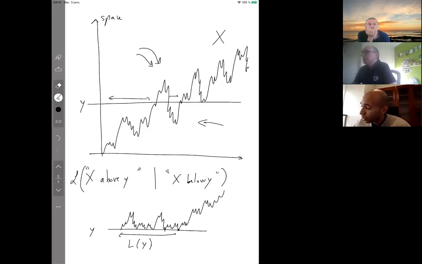So you can reconstruct the picture above level y just knowing the local time at y, and it will be independent of what's below level y. That's what I call a Markov property. If you want to reconstruct the picture above level y, you just need to know the local time at level y, and then it is independent of what happens below y. So it's a Markov property.